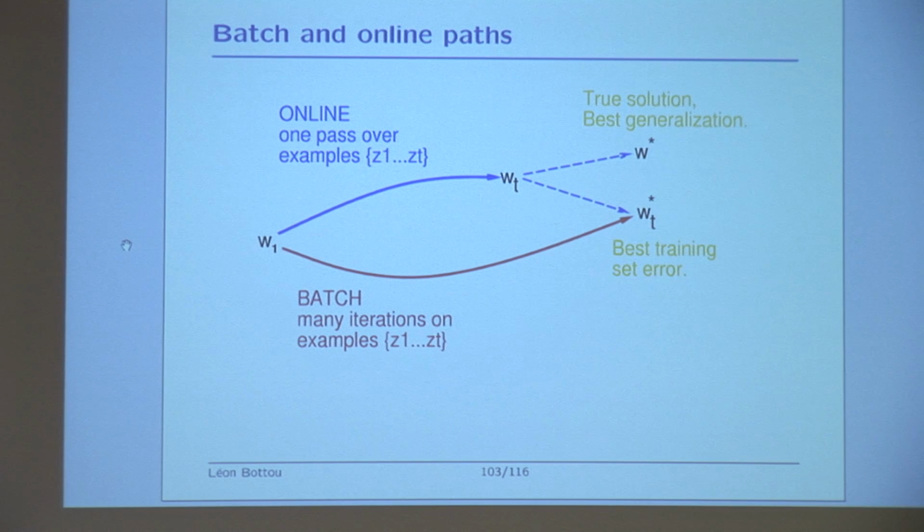I'm also saying that if I'm drawing examples from nature, so a new one each time, I'm converging to the generalization optimum, basically the best test set error. So this one would go there. So what can we say about these convergence speeds? If they're about the same, that means that my point Wt is just as good as Wt star.